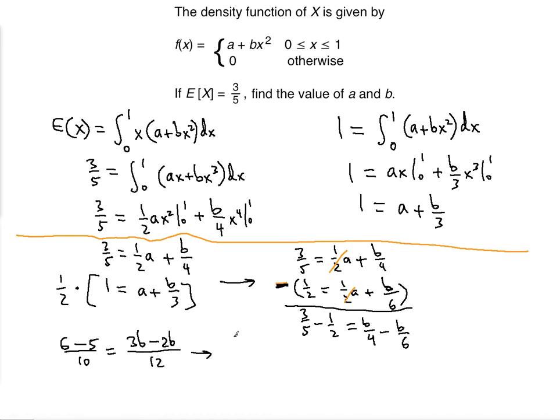So we have 1/10 is equal to b over 12, which means that 12 is equal to 10b. I'm just doing this in my head. So that means b is equal to 12 over 10, which is equal to 6 over 5. So 6 over 5 is equal to b. Let me circle that.